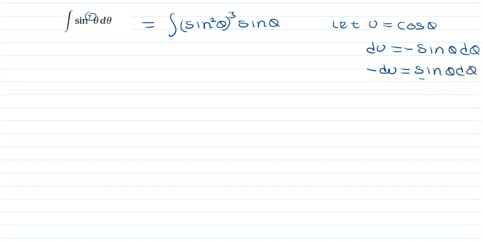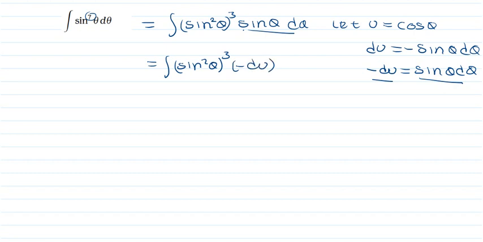So since we have this part which is equal to this part here with the d theta, we can replace it by negative du. So replacing this, we are going to have the integral of sine squared theta, everything raised to the power 3, multiplied by, where there is the sine theta d theta, we can just put negative du.